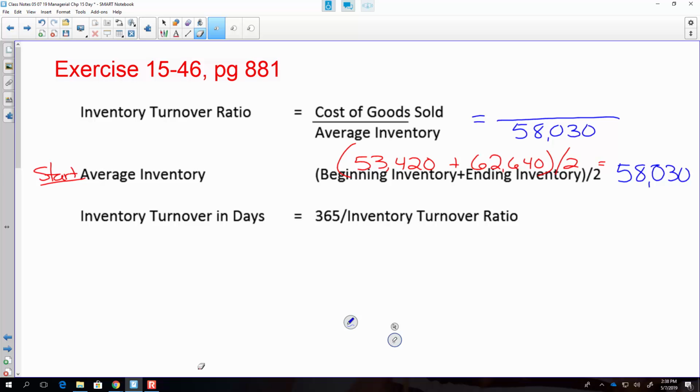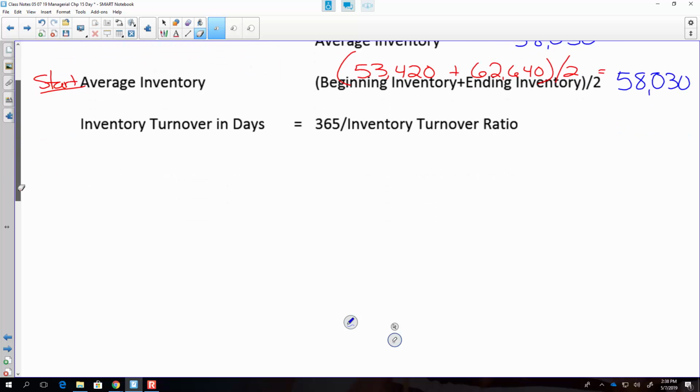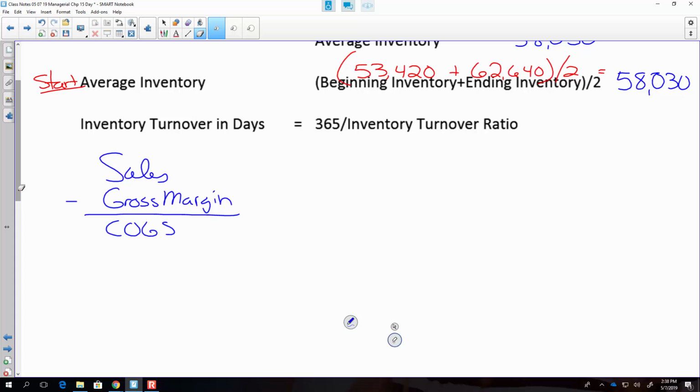That number's good. We have to take our sales and subtract our gross margin. They're just trying to make it tougher on us. That gives us our cost of goods sold.